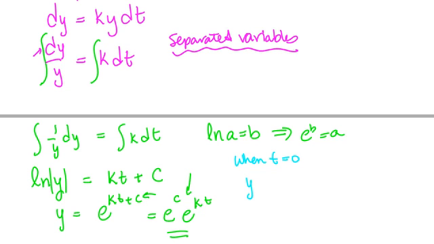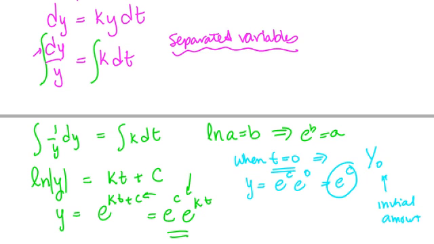When t equals 0, e to the kt is e to the 0, so y equals e to the c when time is 0. And when time is 0, we have our initial amount. So we call that amount y0, which stands for the initial amount of the substance. So that means that this can be written as the initial amount.